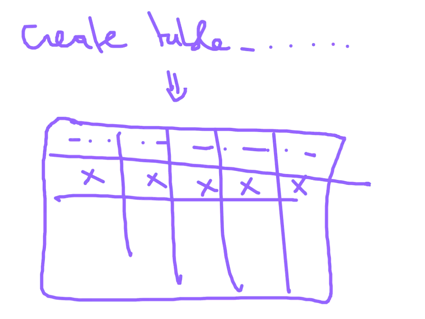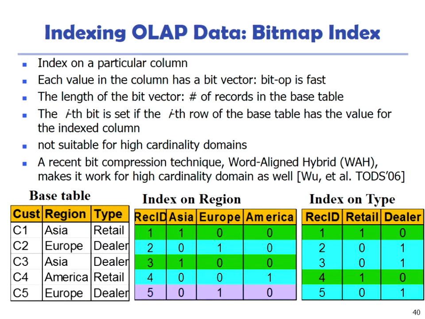Okay. Let's move now to indexing OLAP data, the bitmap index. What is the meaning of bitmap index and how can we create it? A bitmap index is an index on a particular column.